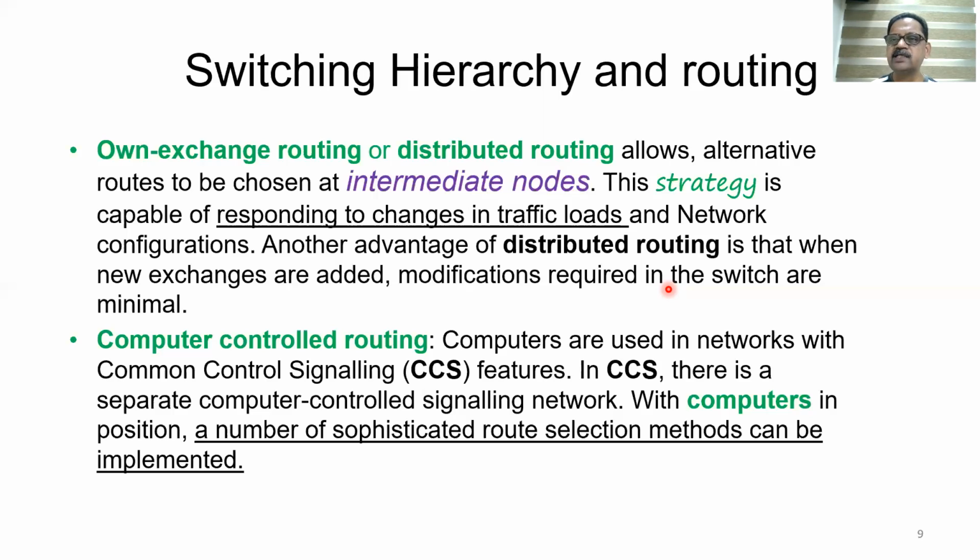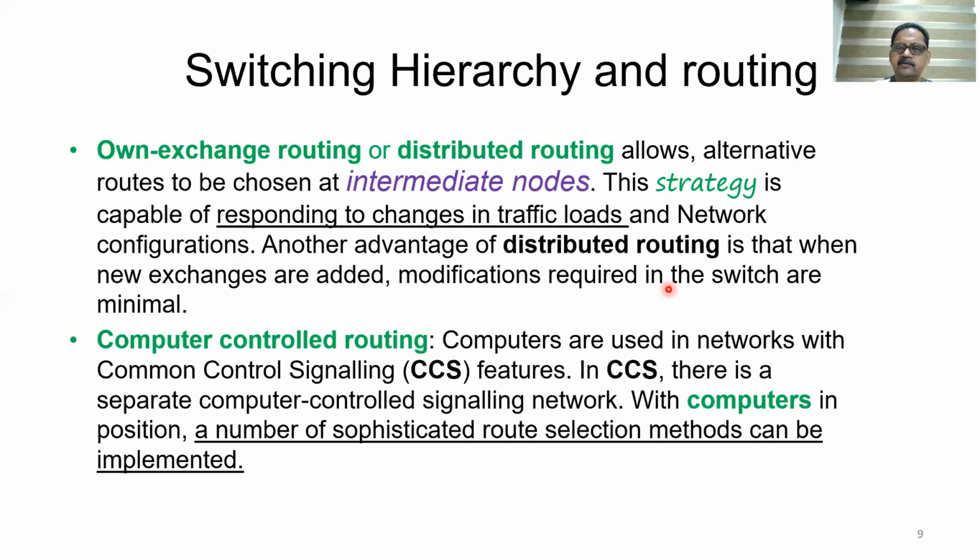Here, the intermediate station will decide through which path the call is to be sent depending upon different factors, the traffic loads and other situations. The intermediate exchanges, other than the originating exchange, as we have seen in the network topology with so many tandem exchanges, will decide via which exchange the call is to be sent to the final destination.